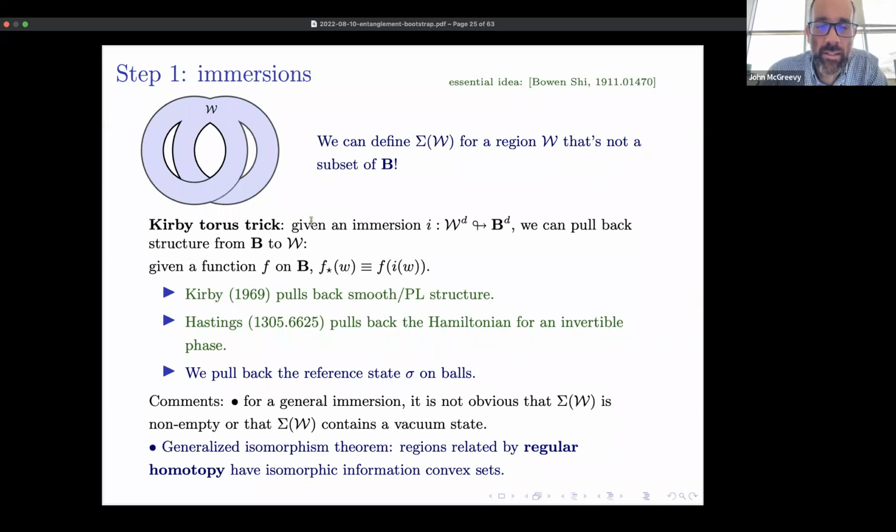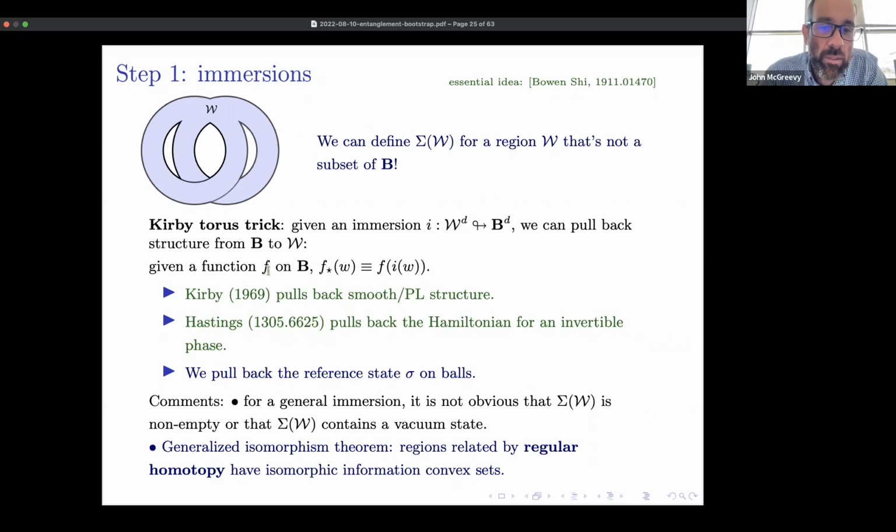So the idea is, given an immersion of a manifold into a ball of the same dimension, I guess maybe I'm supposed to call that a submersion. I'm not sure, but I'm going to call it an immersion. We can pull back structure from the ball to the manifold that's being immersed.